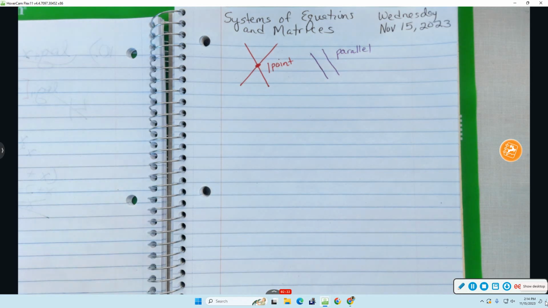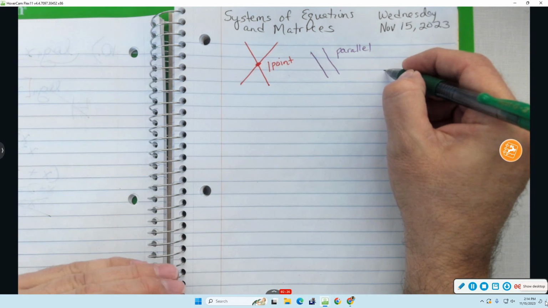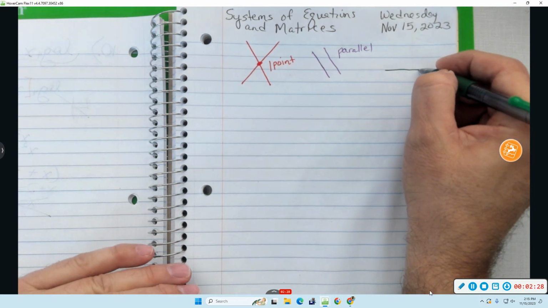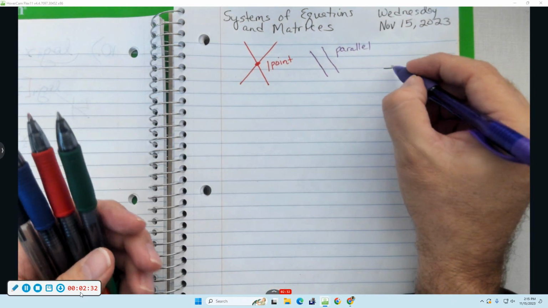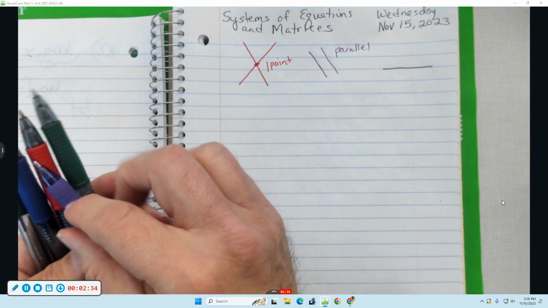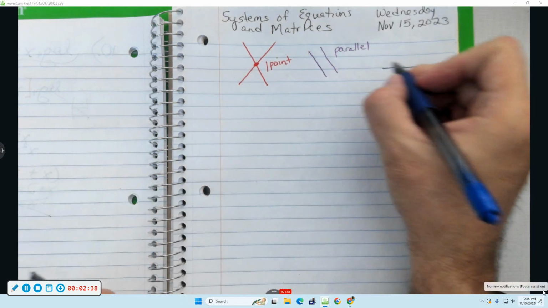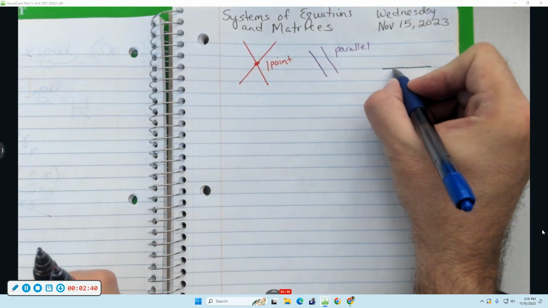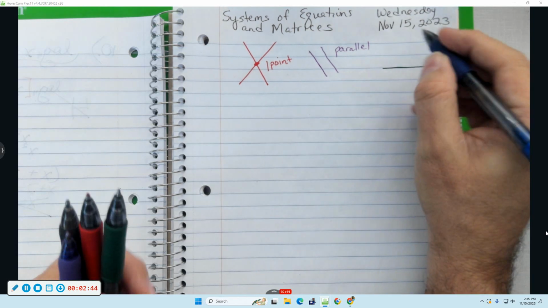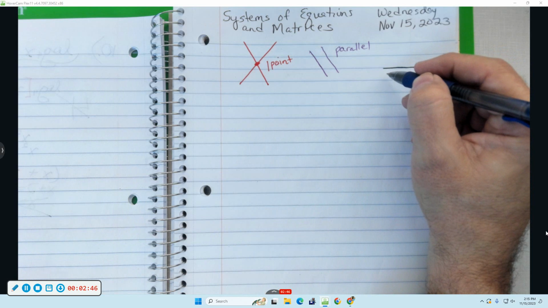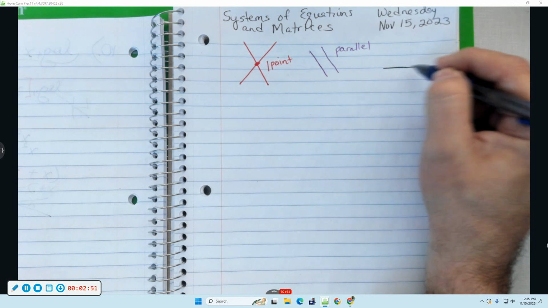And there's one other case, and that would be if you drew one line on top of the other. That's called coincidental lines. One line on top of another. How many points do they have in common then? All of them.